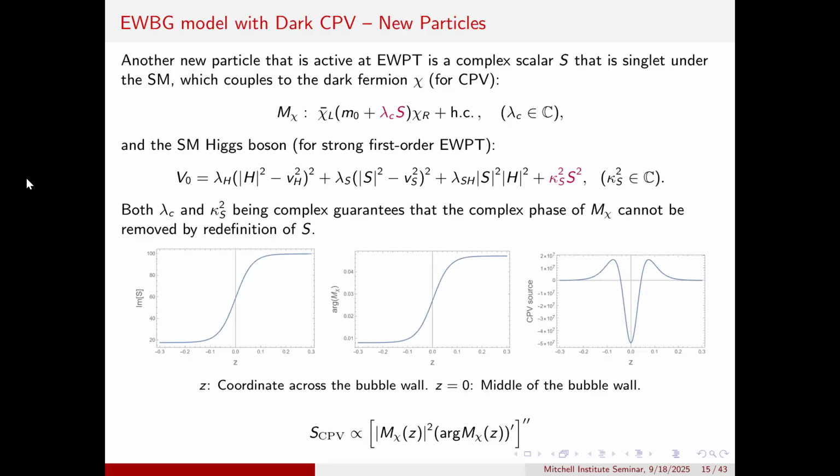So this indicates that we not only have to have a non-zero phase of the mass, but it also has to take a non-trivial profile for a non-zero CP violation source. This is what we found in numerical calculation. We indeed have a varying phase of the mass term across the bubble wall, and so we have a non-zero CP violation source around the bubble wall.